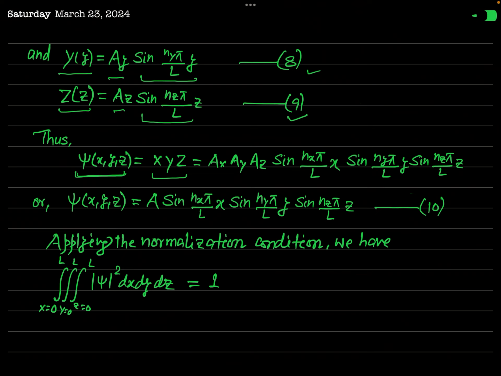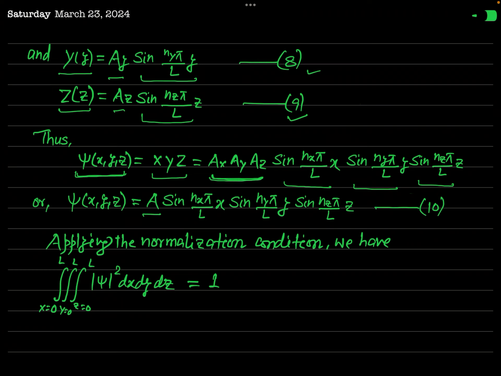This will be Ax times Ay times Az times sine(nx pi x over Lx) times sine(ny pi y over Ly) times sine(nz pi z over Lz). Now since Ax, Ay and Az are all constants, their product will also be a constant, and we have assumed that the product of Ax, Ay, Az is equal to A.